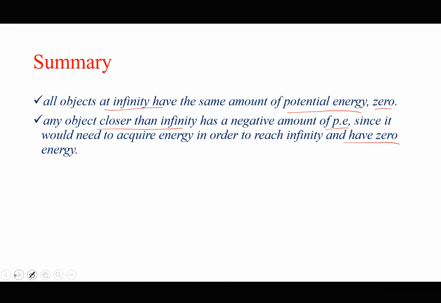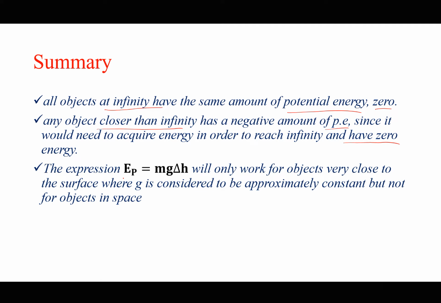And I have also mentioned that the expression EP equals mg delta h will only work for objects very close to the Earth's surface where g is considered approximately constant. I still insist we cannot use this expression for objects in space.